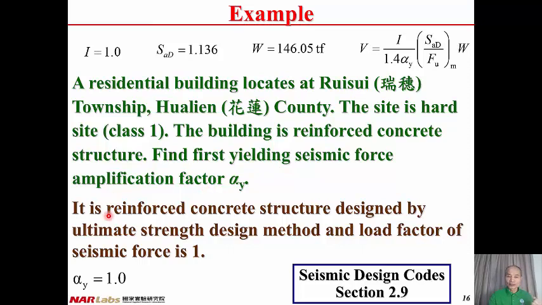The building is designed by ultimate strength design method, and the load factor in the loading combination of the seismic force is 1. Therefore, from Seismic Design Code, section 2.9, we have the first yielding seismic force amplification factor alpha Y equal to 1.0.